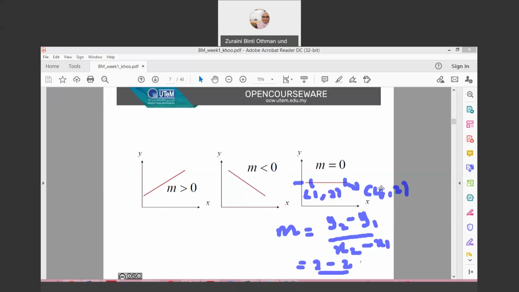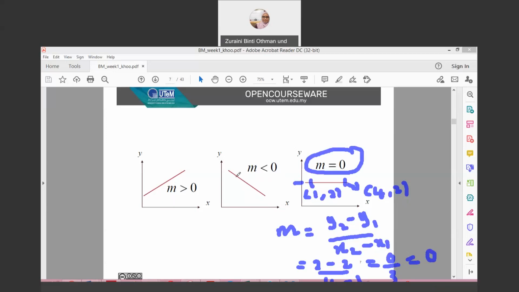Then x2 is 4 minus 1, so it becomes 0 divided by 3. 0 divided by any number will become 0. So we know that this is the horizontal line when m is equal to 0.